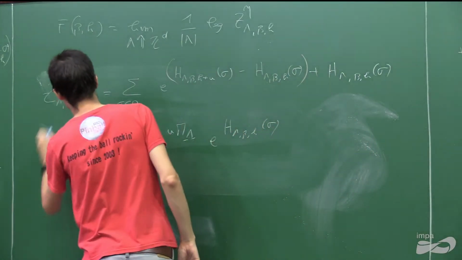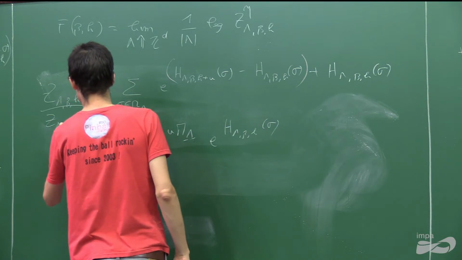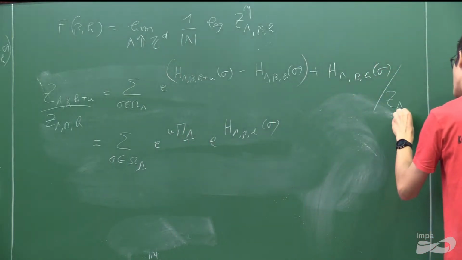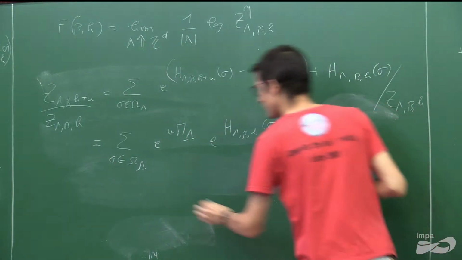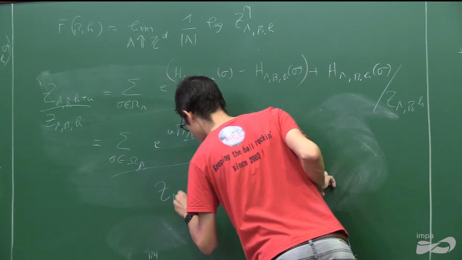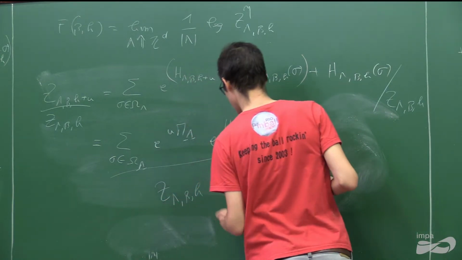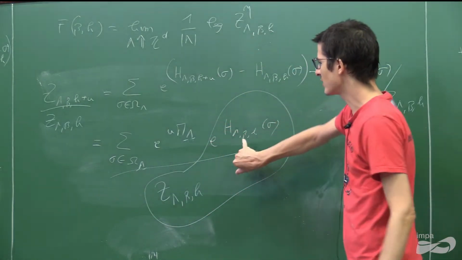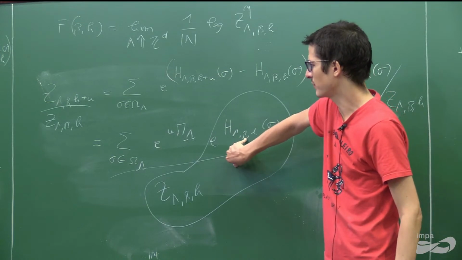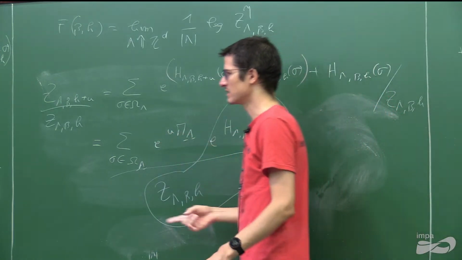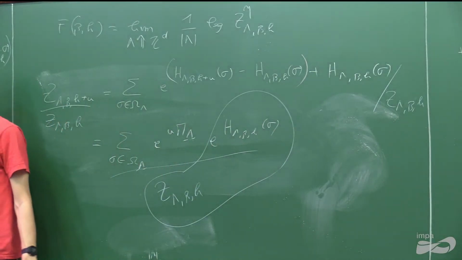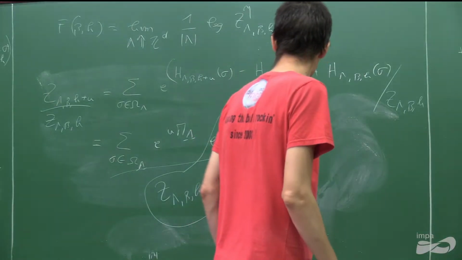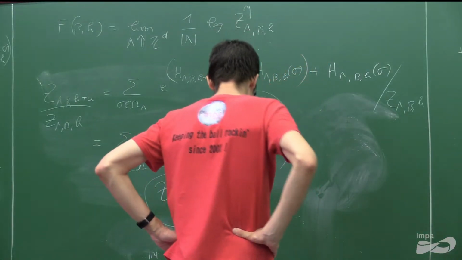Then if you divide by Z lambda beta, h, you get this, which is just the probability of this configuration under that measure. So what you get is really the average. Nothing super special here.